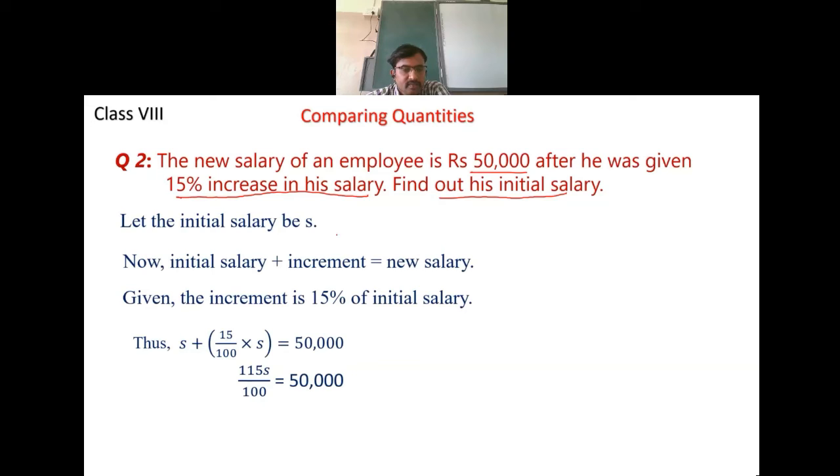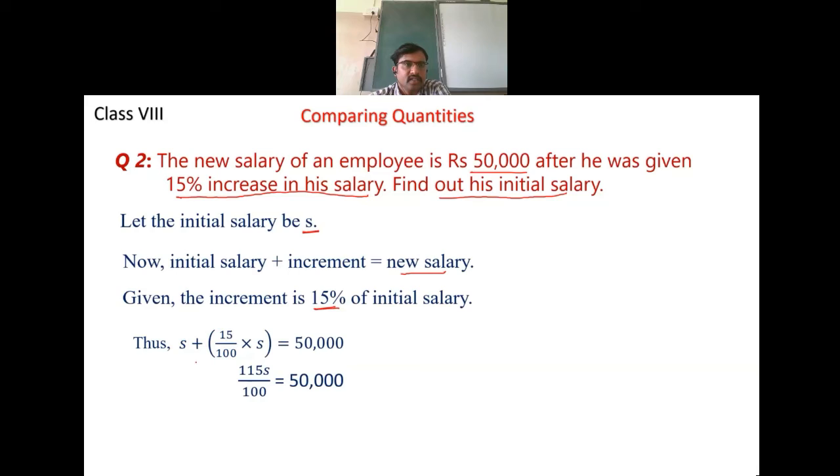Observe here, I have considered X as the initial salary. Initial salary plus the increment will give us the new salary. The increment is given as 15%, it means 15% of the initial salary.